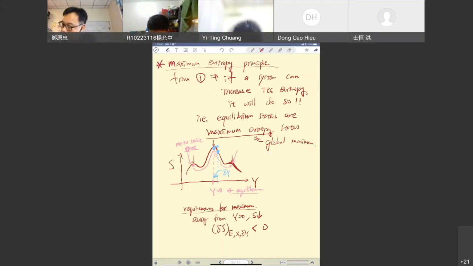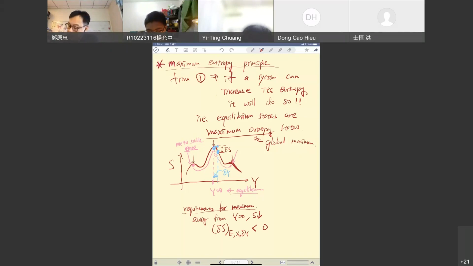This delta S must be negative, and delta here means a small perturbation, any small change. But it's more than this.